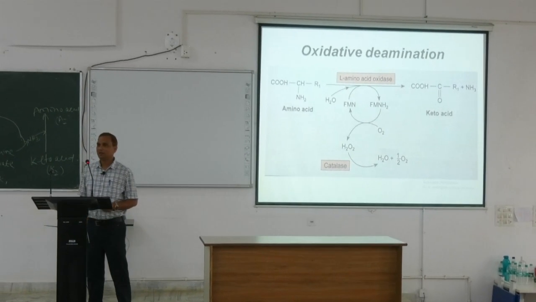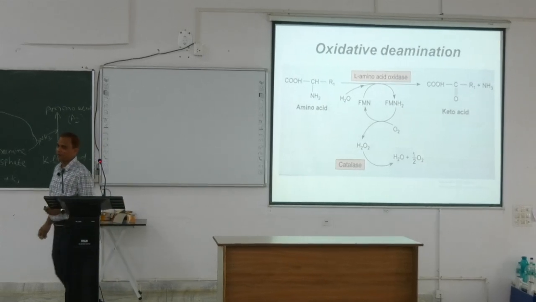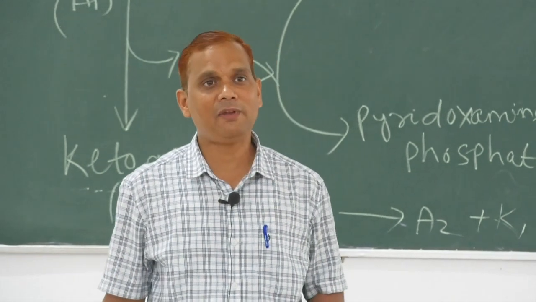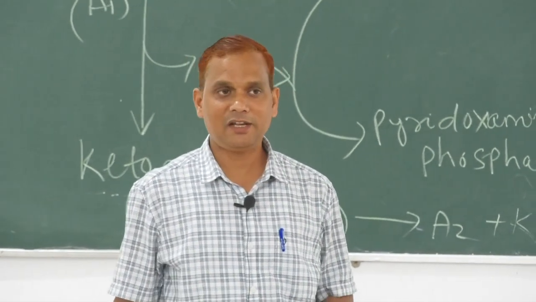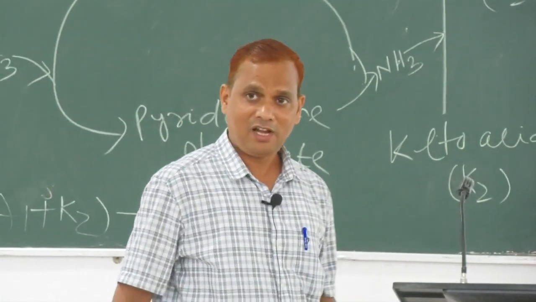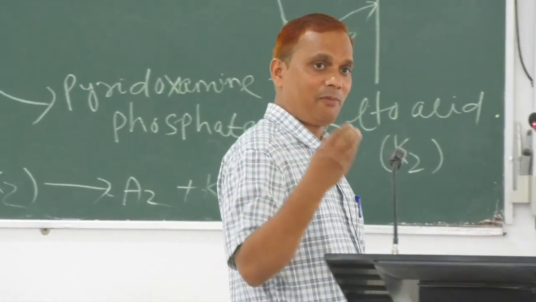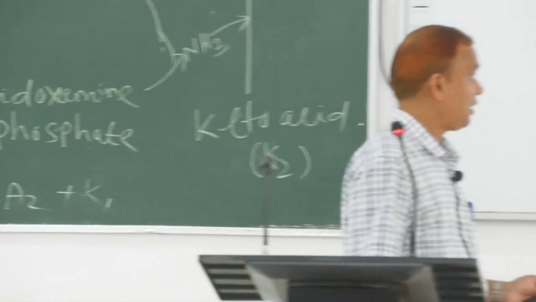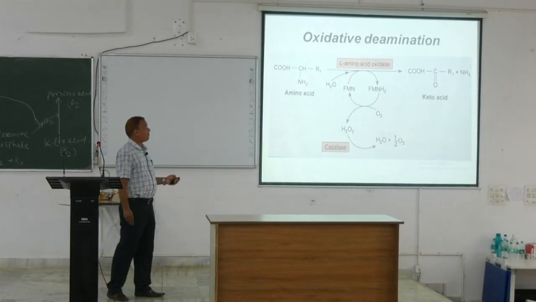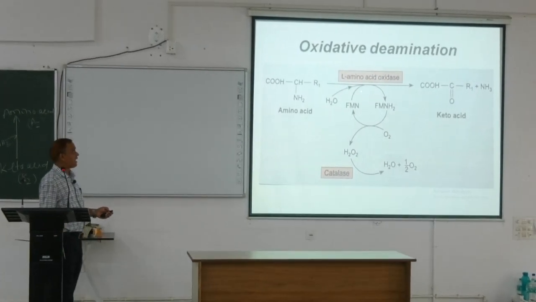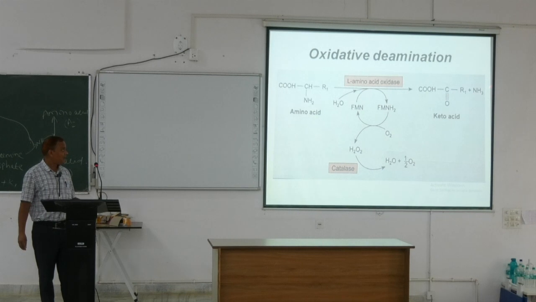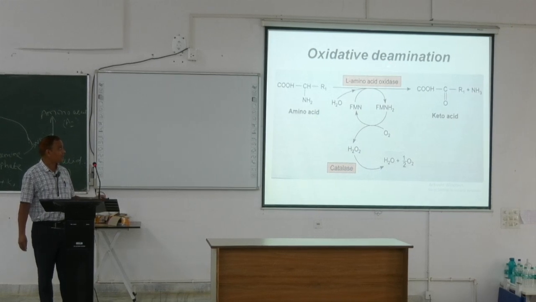The full form of FMN is flavin mononucleotide. That is the coenzyme of which vitamin? Riboflavin. So that amino acid, by the help of the enzyme amino acid oxidase, is converted to keto acid.